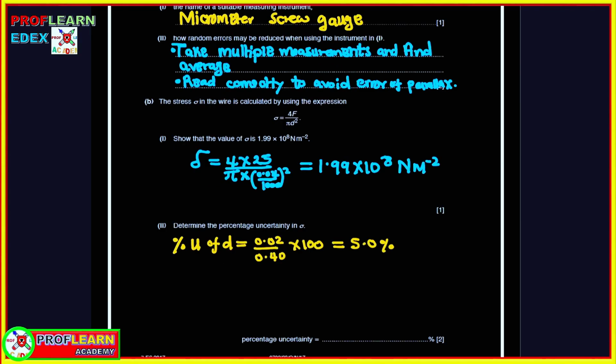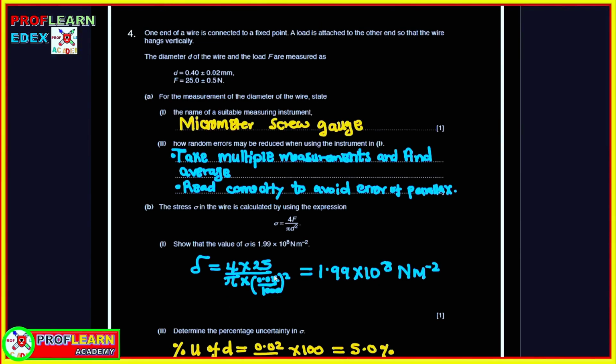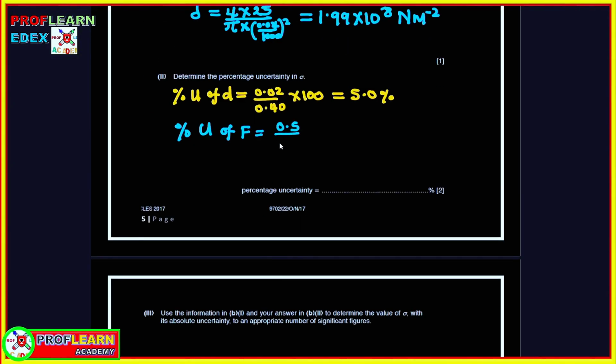Then we're going to work out the percentage uncertainty of F, and the absolute uncertainty of F was 0.5. Divide by 25 times 100 will give us the percentage uncertainty of F, and if you work it out, you are going to get your answer equivalent to 2.0%.